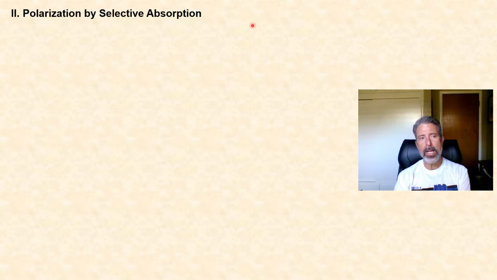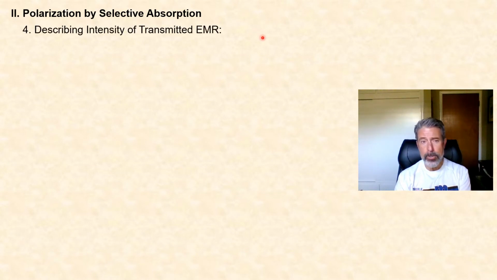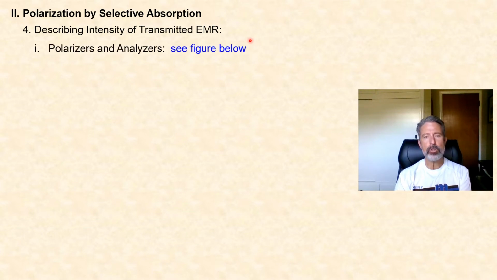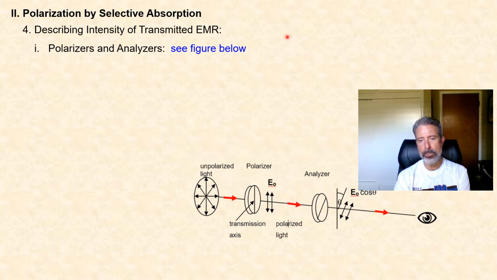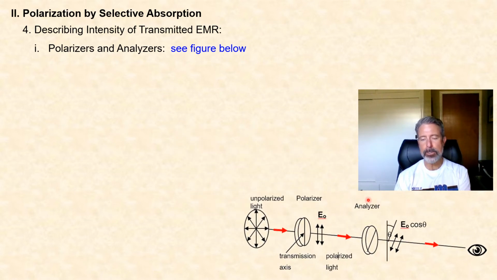All right, so in this slide, we will describe the intensity of the transmitted electromagnetic radiation in a slightly more quantitative fashion. First of all, we need to understand some definitions when we talk about a polarizer or analyzer, and we can see that in this illustration. Both a polarizer and an analyzer are exactly the same piece of equipment. It's simply a piece of Polaroid film.